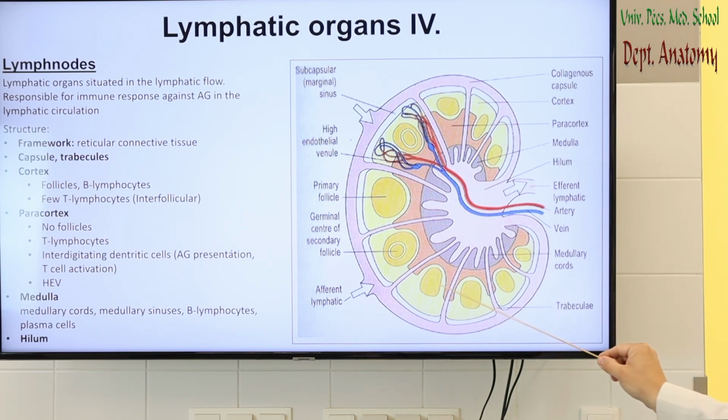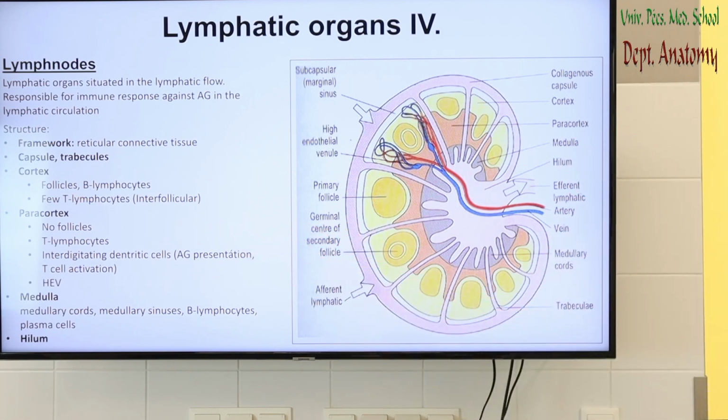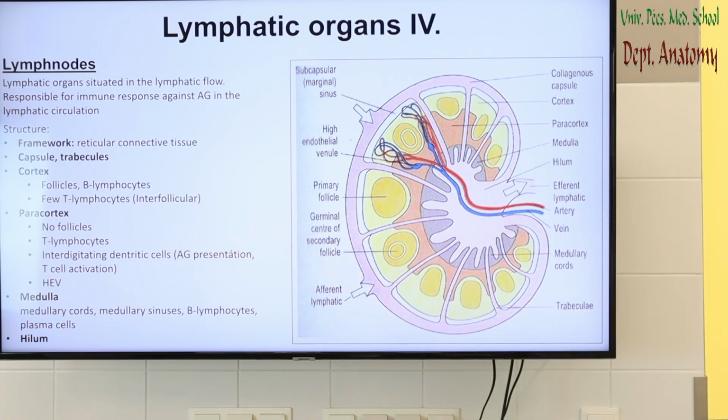After the cortex and before the medulla, we have this orange colored structure which we call the paracortex. How you can distinguish cortex from paracortex is that there are no follicles. The paracortex is T lymphocyte heavy, and it contains interdigitating dendritic cells for antigen presentation.